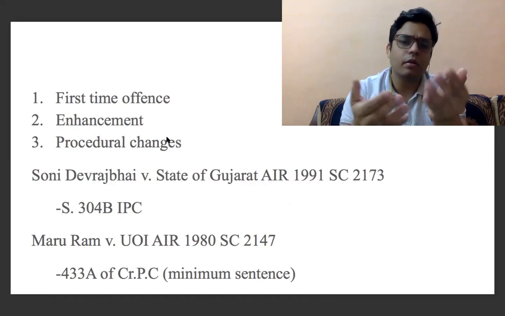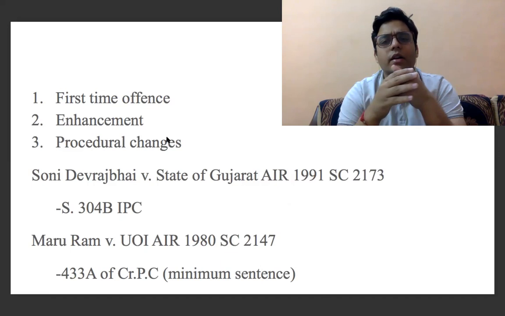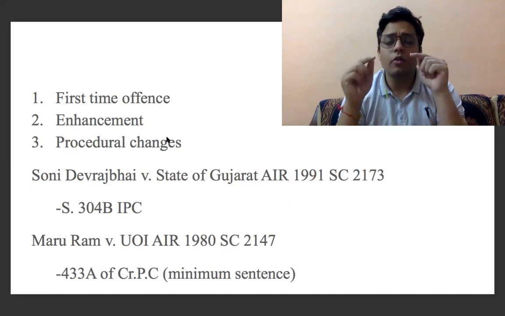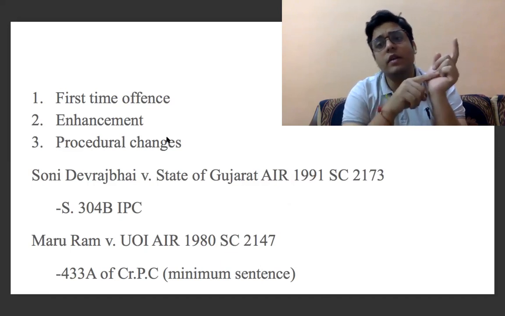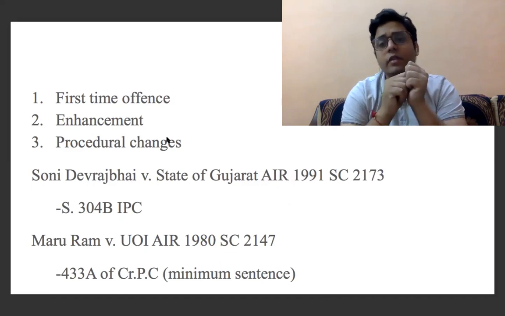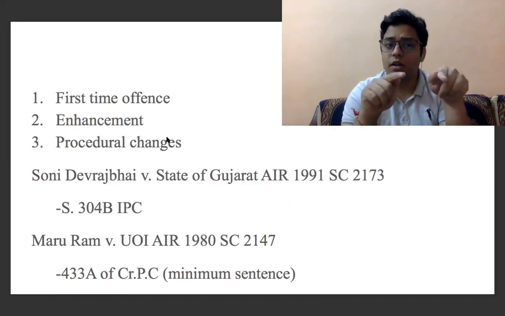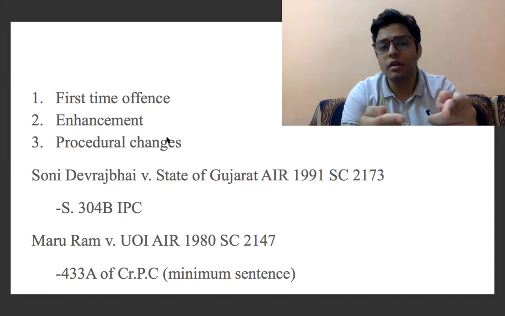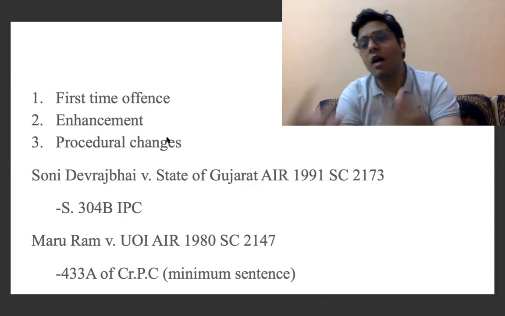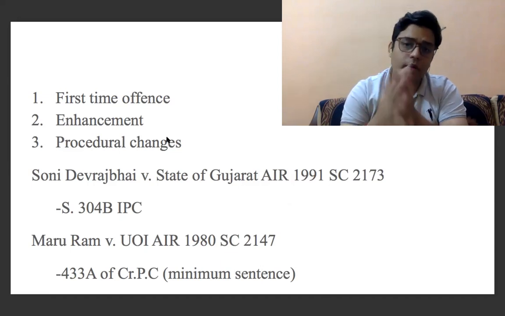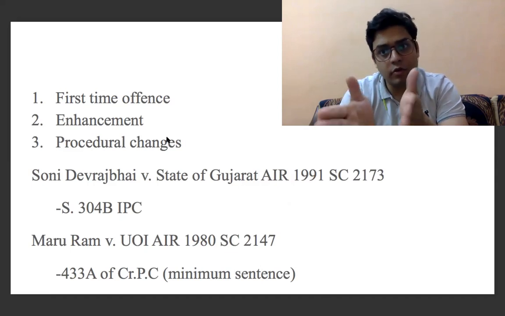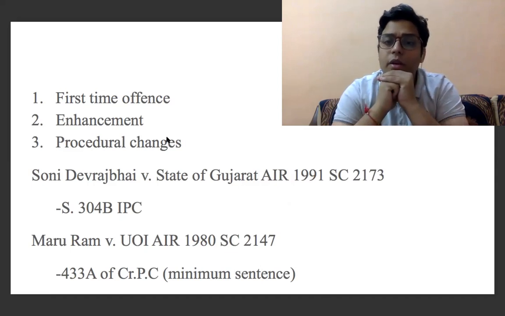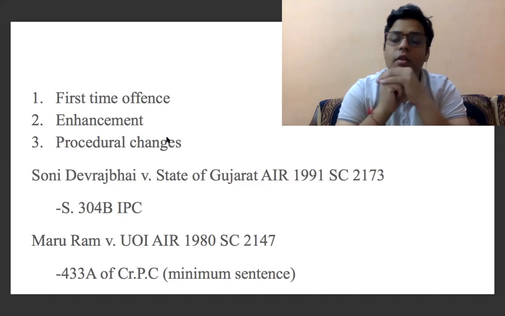That the offense occurs within 7 years of marriage, or whatever. All those presumptions were not there when the offense was committed in this case. But Section 304B and these presumptions were adopted after the commission of the act. So the question arose whether Section 304B of IPC can be applied to this case.